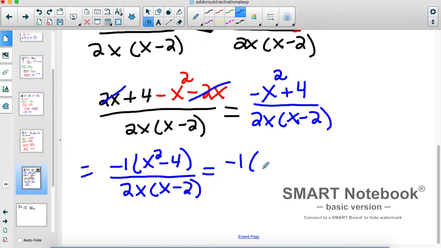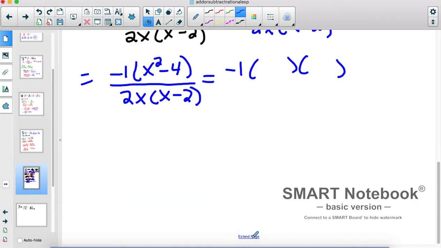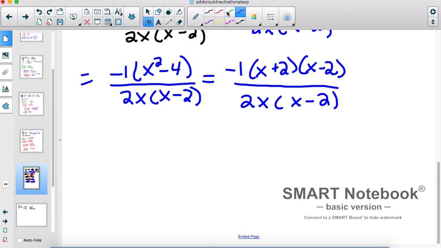I'm going to factor the difference of 2 squares here. So (x + 2)(x - 2). See why I did that? Because now things are going to cancel. So 2x times x minus 2. These are going to cancel. I'll be left with negative 1 times x plus 2 over 2x.